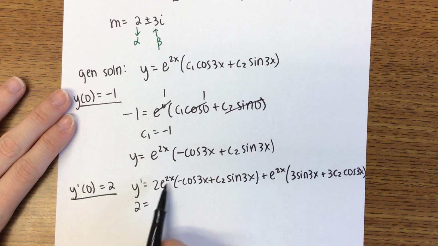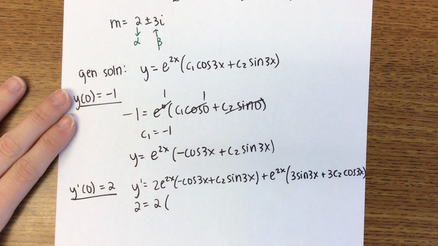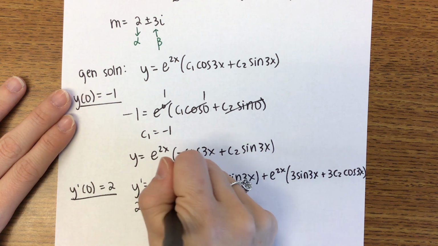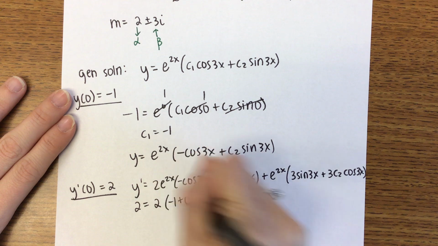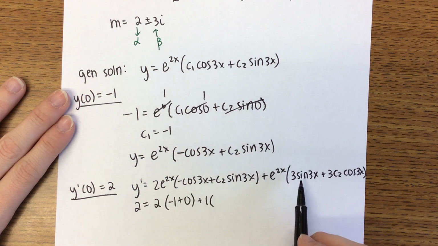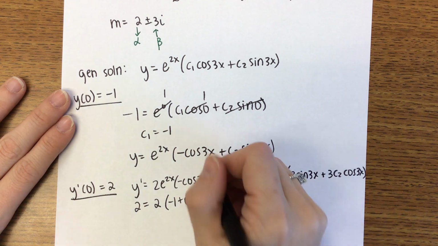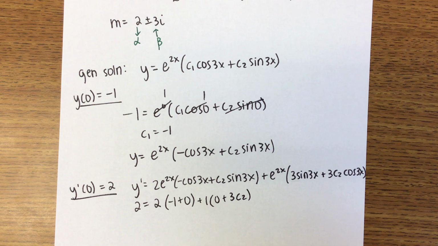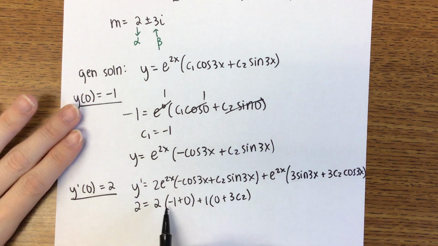Plugging in a 0 for x, we get 2. This will be 1, so we get negative 1 plus 0 plus 1. That is 0, so we just get 3c2. This is a negative 2.